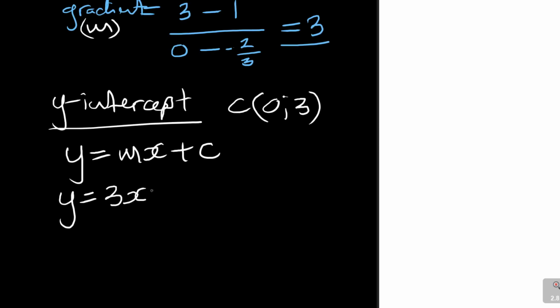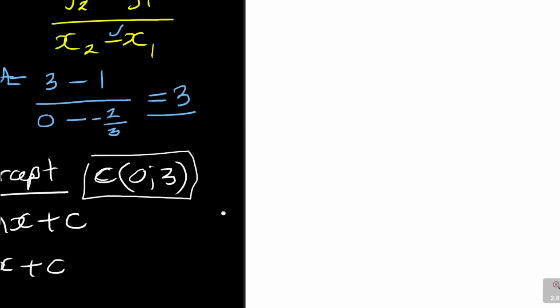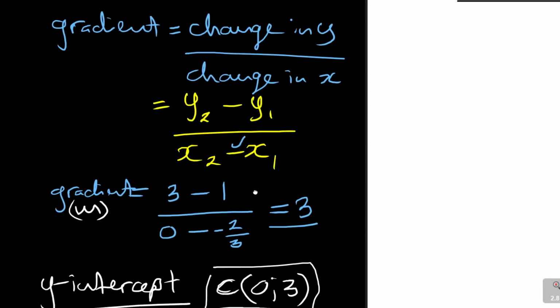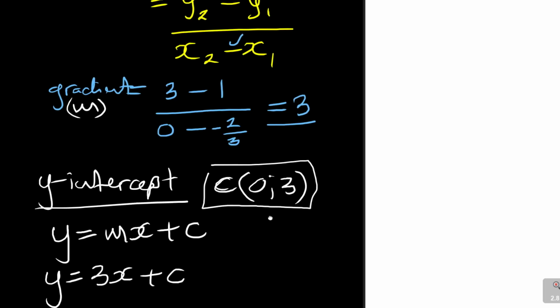And then plus c. But now I have my point. Don't mix it. This c is not that c. C here is just a point. Remember, there is a, b, and c. I could have chosen a, I could have chosen b, I could have chosen c.